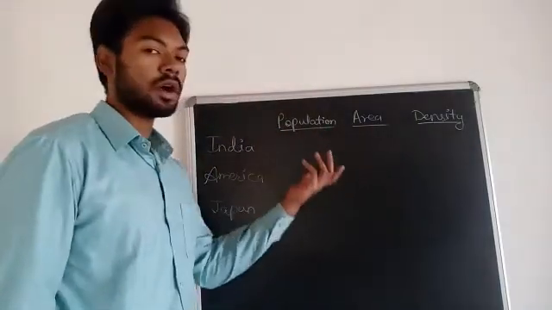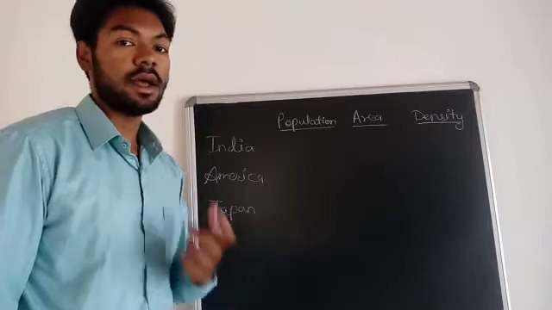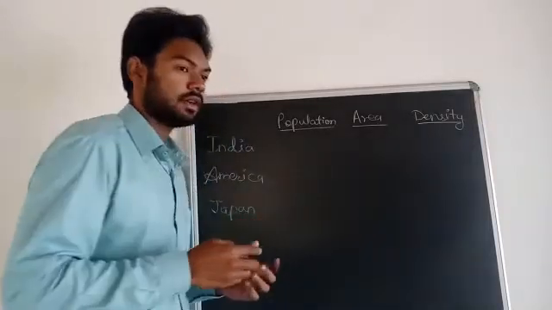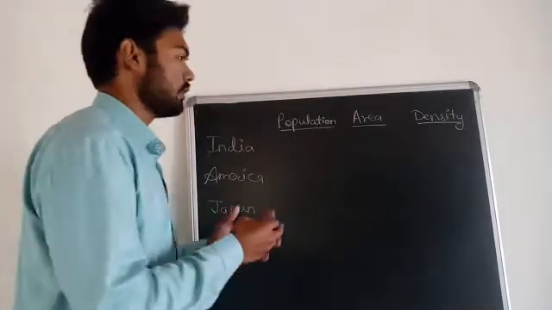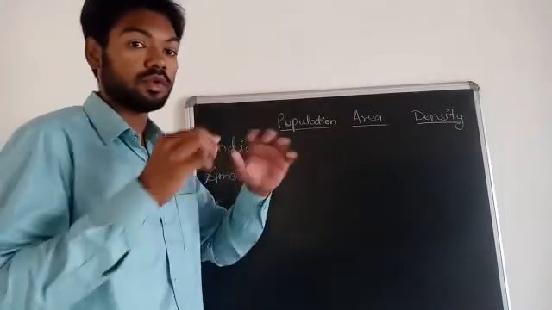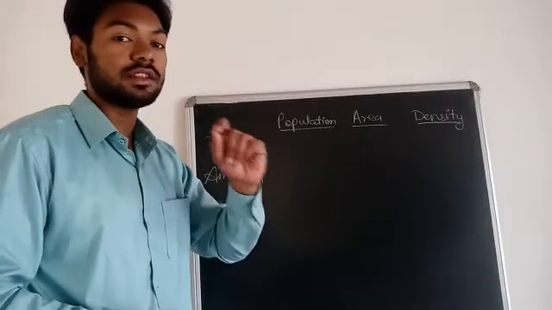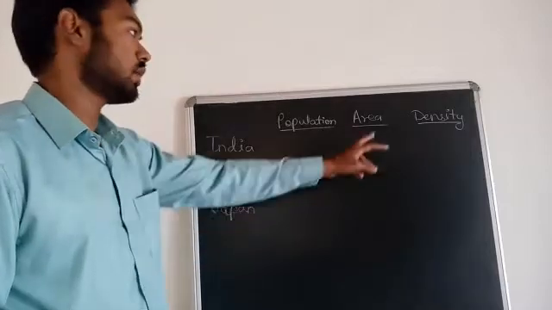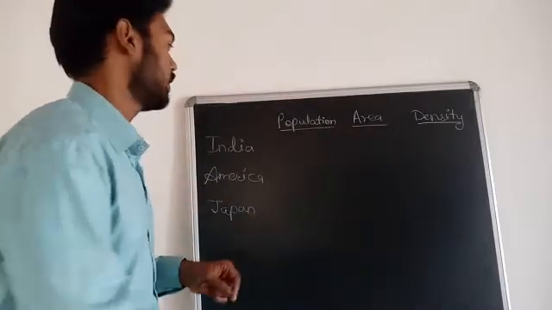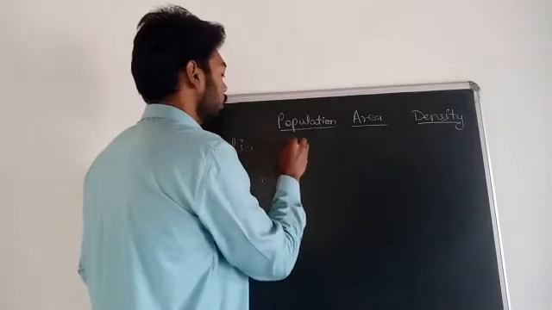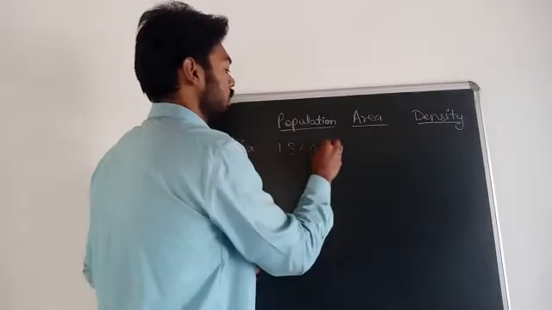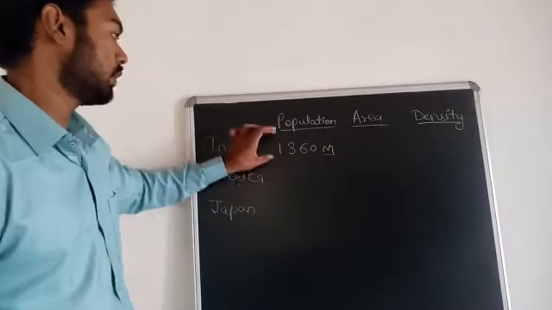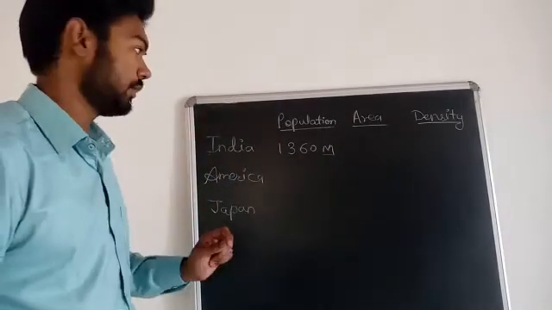Now, the population of India is about 136 crores. First we have to convert these crores into millions, because area will be in million square kilometers. So 1360 million people are living in India.